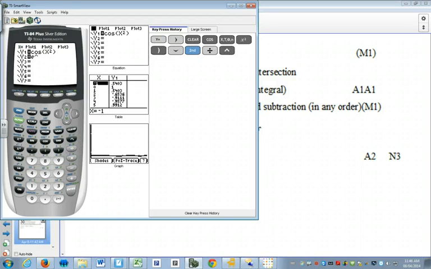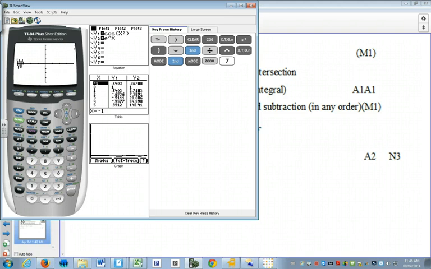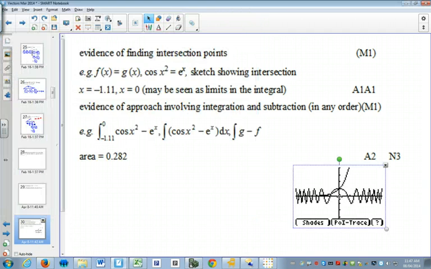Should be in radians. So I'm in radians right now, so that's good. I'm going to go zoom trig, see if that's a good idea. Maybe not. There they are. And there are the two curves. Drag that over here so we can see it later.